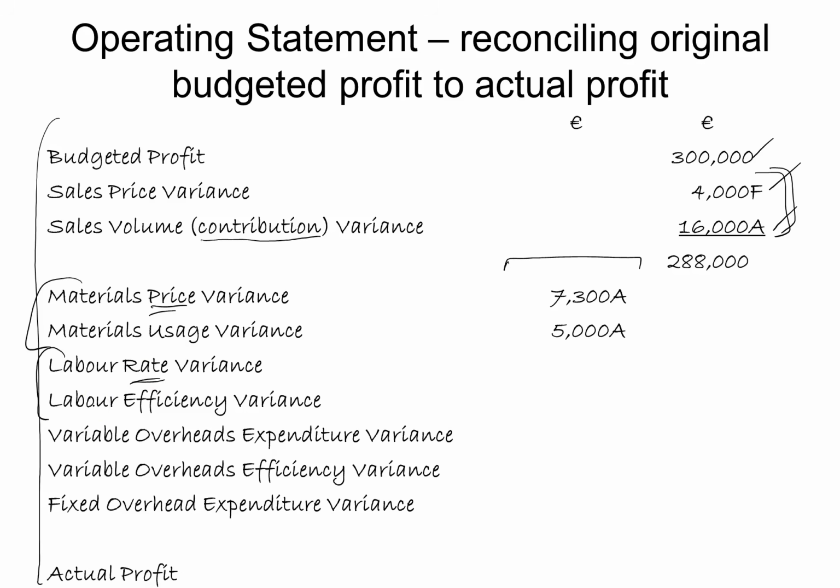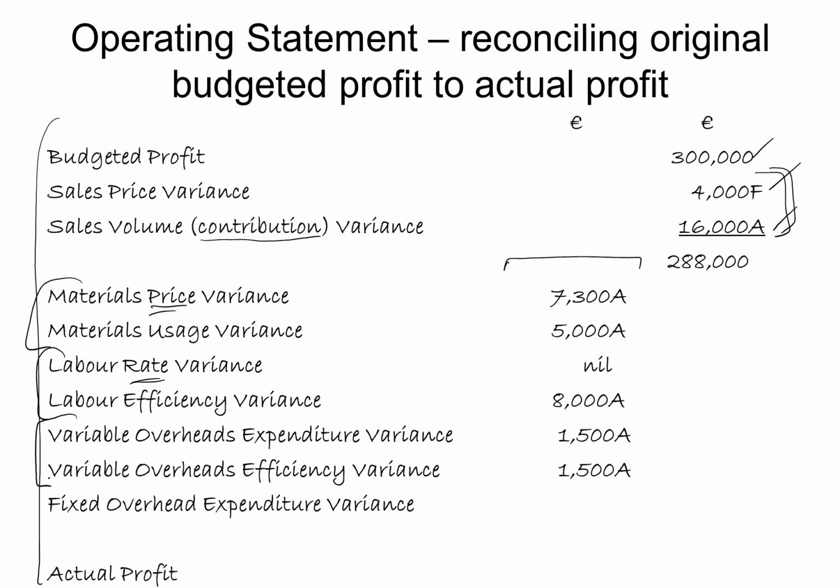Remember, we expect to pay €8 and we did pay €8, so that's nil. And the labour efficiency variance was 8,000 adverse. It took 1,000 hours longer to produce the goods than we would have expected. Then, moving on to the variable overheads, we have a 1,500 expenditure variance adverse and a 1,500 efficiency variance also adverse.